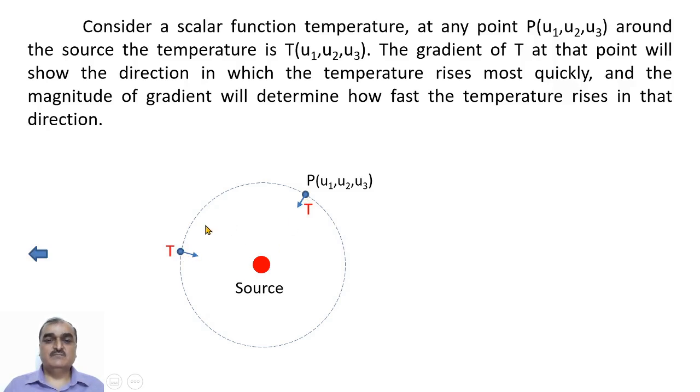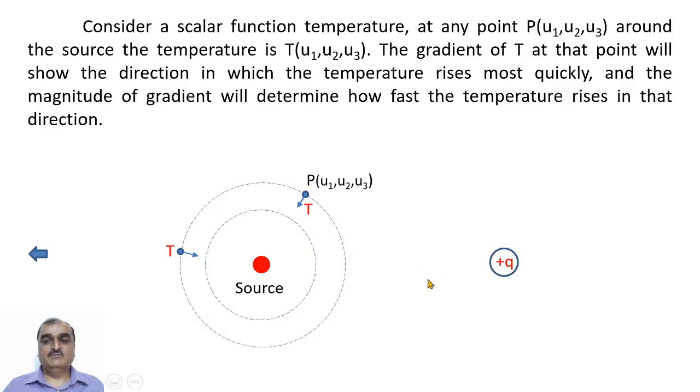So the magnitude is same, but direction varies from point to point. Therefore, the gradient gives magnitude as well as direction. If we draw another sphere, then the ratio of the difference of temperature per unit distance, that is the gradient.